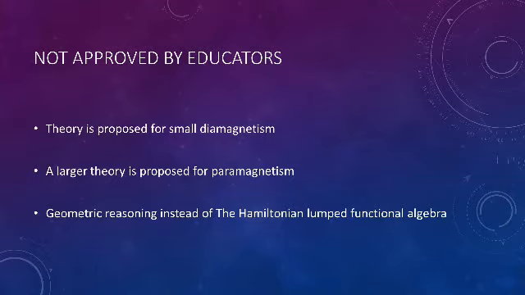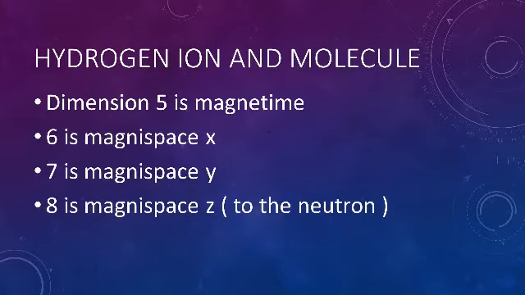I'm just going to click on this. Oh, there it goes. So I'm going to be talking about hydrogen and this molecule. As in the earlier lectures I've given, I'm using the 8-dimensional physics, but I'll review it briefly in case you haven't seen the earlier videos. As you know, there are 4 dimensions: time, x, y, and z.